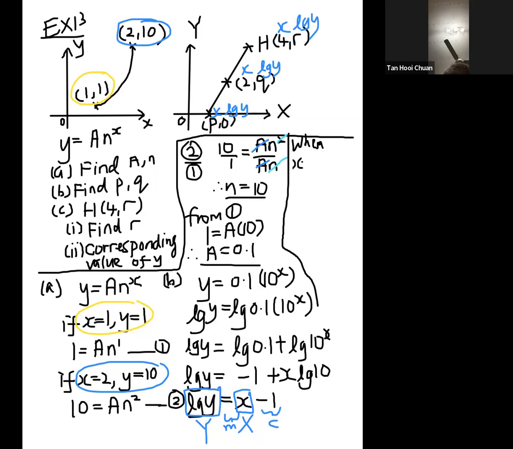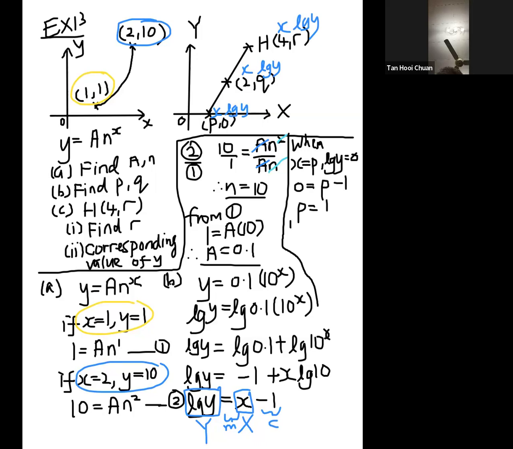You sub inside the equation, lg y is 0, x is P. So P equal to 1.